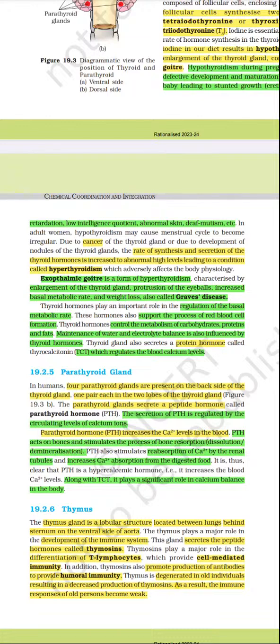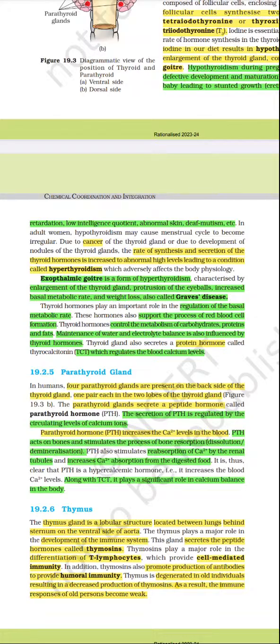Thyroid hormones play an important role in the regulation of basal metabolic rate. These hormones also support the process of red blood cell formation. Thyroid hormones control the metabolism of carbohydrates, proteins and fats. Maintenance of water and electrolyte balance is also influenced by thyroid hormones.